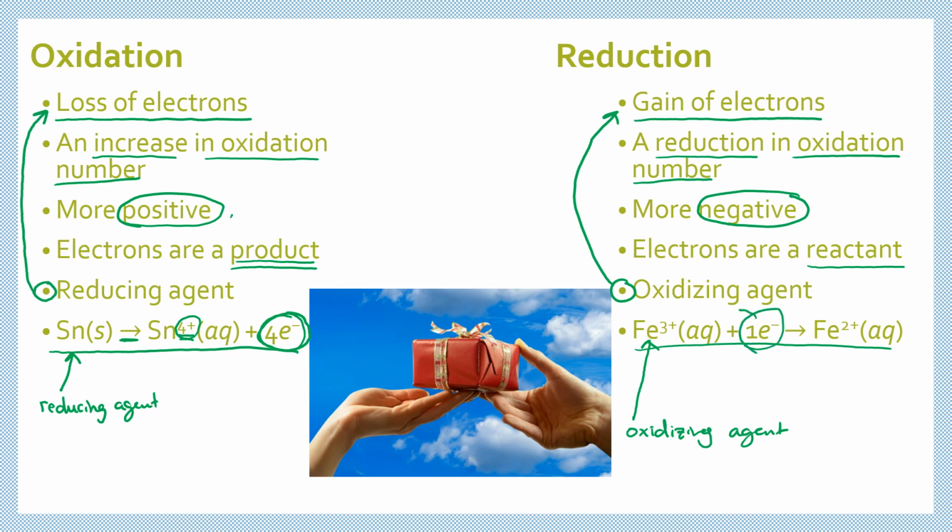This to me right here means that this ion is gaining 1 electron, so I have to subtract 1 from that positive 3 to get a positive 2. So there's a reduction in that oxidation number. Notice it's not a negative number, but a decrease in a number. So we know this is a reduction.